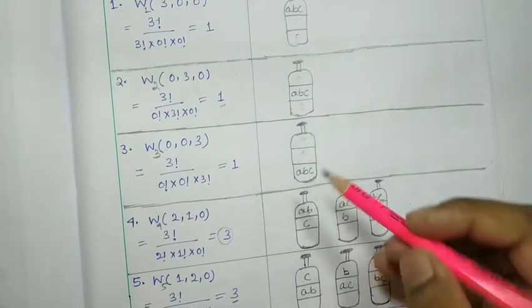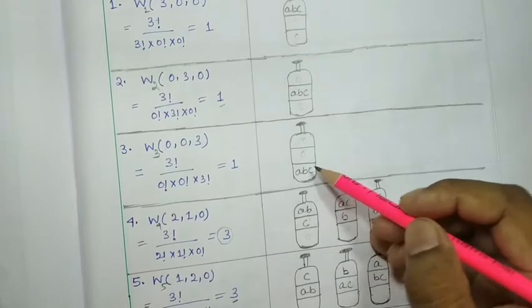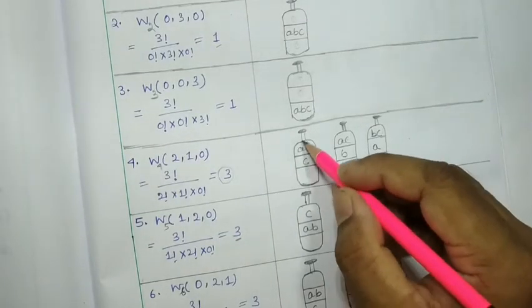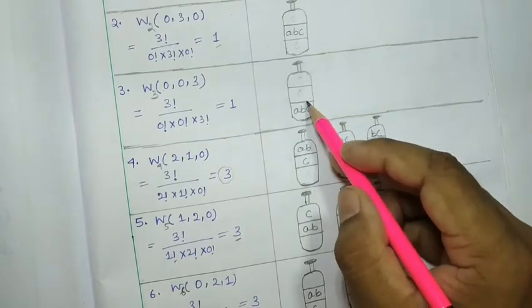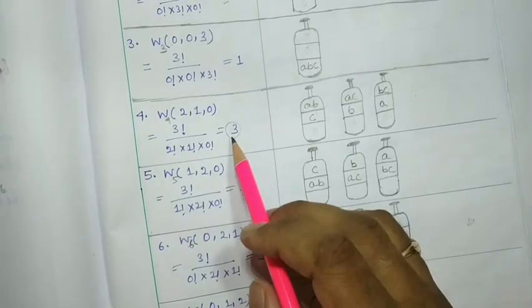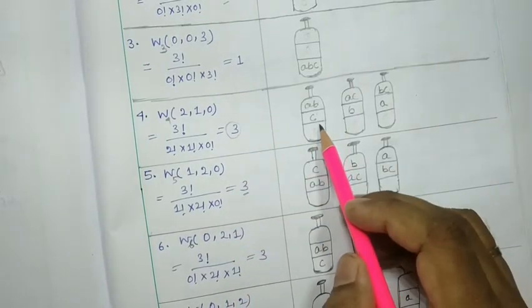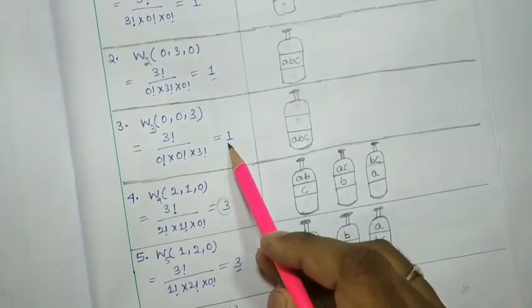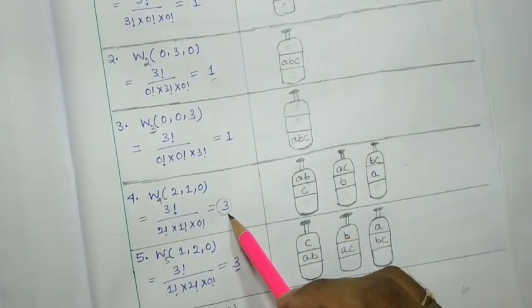If I compare this cylinder and this cylinder, the spreadness of the gas molecules is more in this cylinder as compared with this cylinder. That means as microstates increase, spreadness also increases. Here microstates is 1, here microstates is 3.